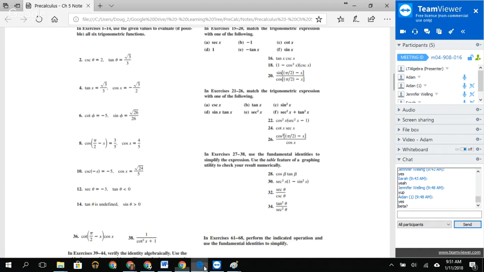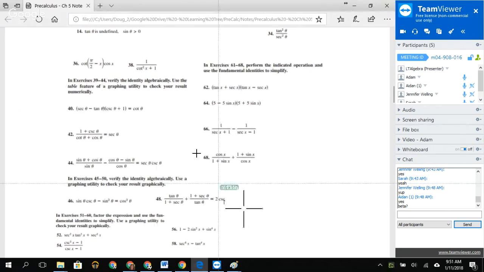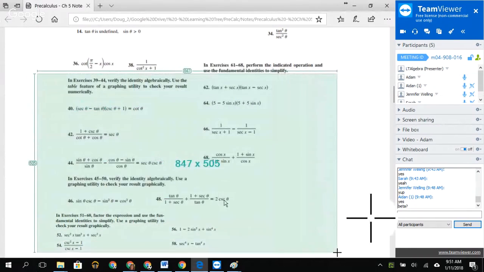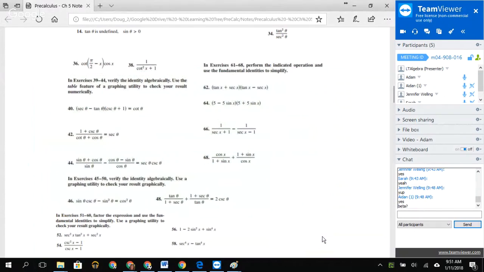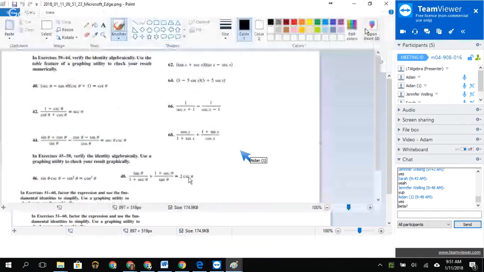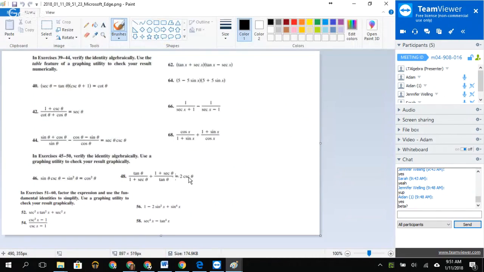Let's do some of these in here. I will admit, number 48, I finally solved it, but I did 48 three different times, three different ways, because there's more than one way to get there.